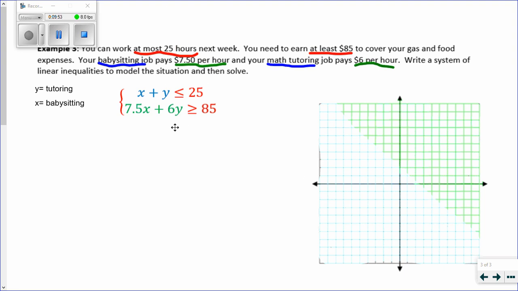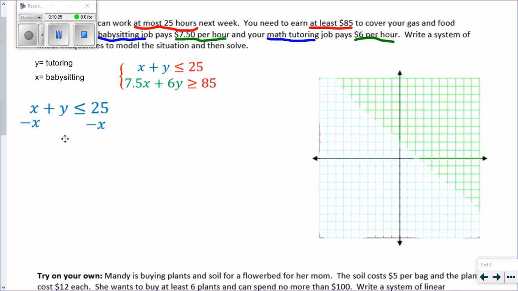So now I need to graph this. In order to graph them, I need it in slope-intercept form. So that's what I did first. I changed it to slope-intercept. Here I subtracted x from both sides. I got y is now less than or equal to negative x plus 25. And then that's what I'm going to graph.